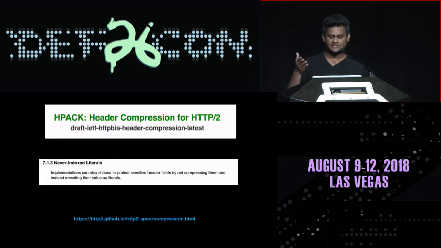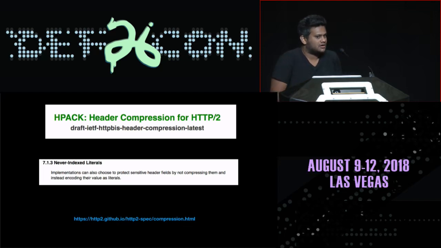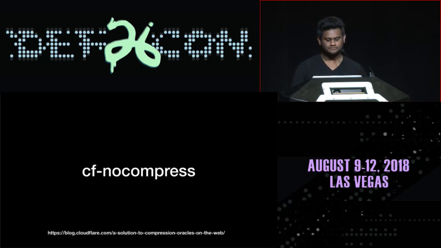If you look at the HPACK specification for header compression, they have this thing called never-indexed literals. There they maintain a list of well-known literals which are sensitive. So if you're using an algorithm to compress stuff, you probably want to know these never-indexed literals and probably add them to your library as well.